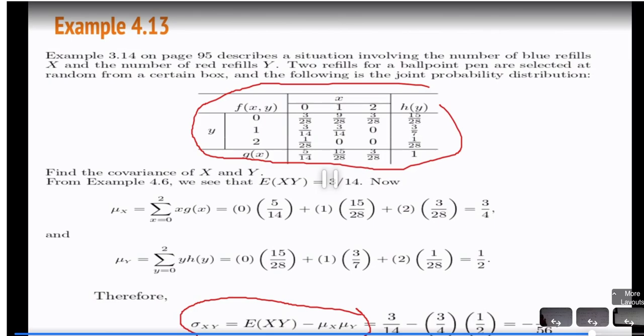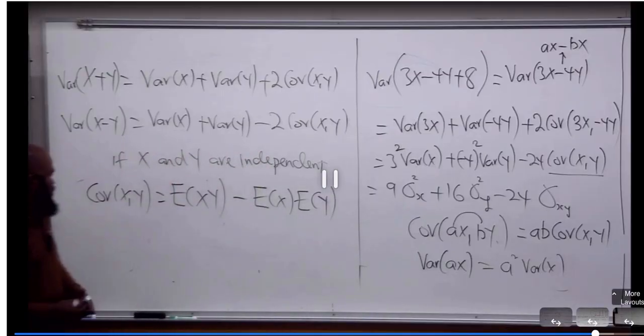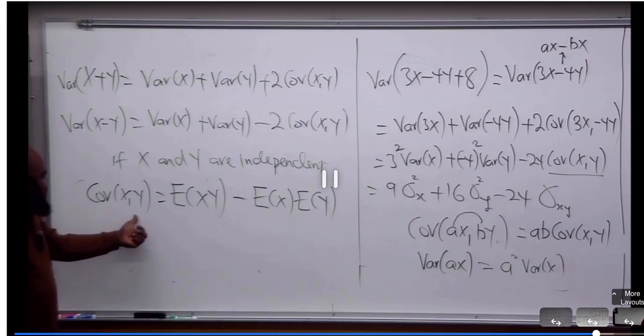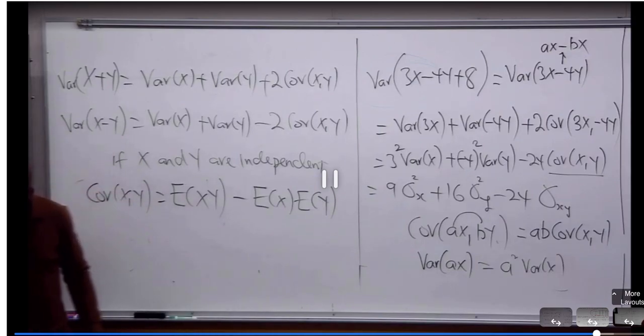Okay, now take a look at this. Please look up. The covariance of X and Y is the expectation of the product minus the product of the expectations. So covariance equals this.